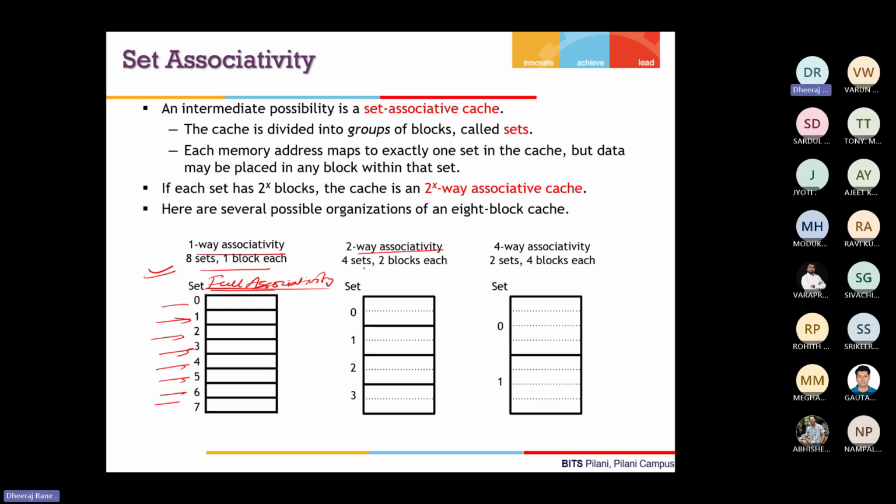Two-way associativity, in the sense that if altogether 8 blocks are there, then you will have a set of two blocks, right? So what does it mean? Now, if you do the modulus, right, and now if you want to do the mapping, that zeroth block can come either over here or that fourth block or that eighth block where modulus was coming 0.